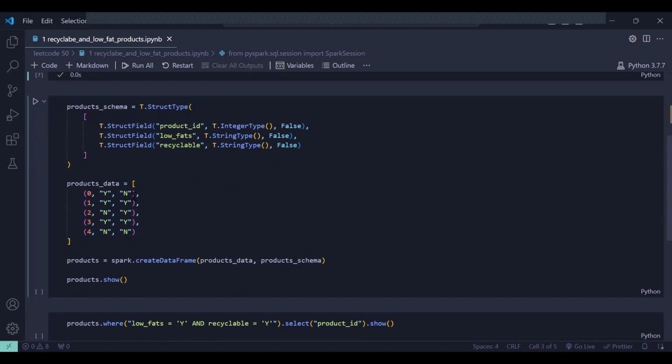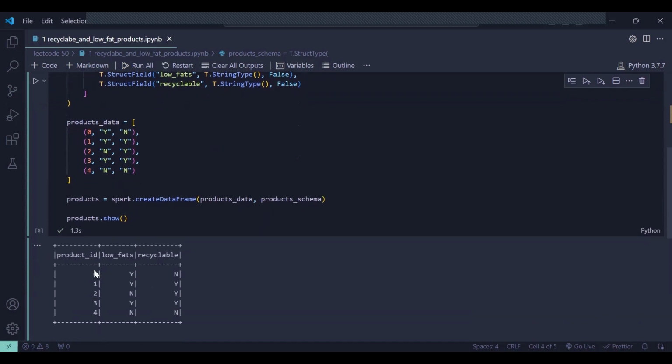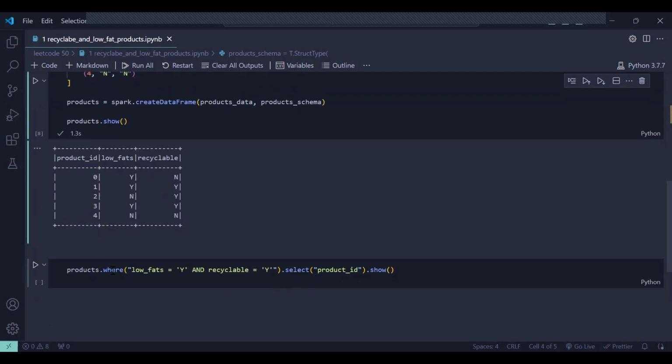I have taken the list of data from Leetcode and created the Spark data frame. You see, this is our data frame, and our output should be 1, which is low fat and recyclable, both Y and Y, and our output should be 3 as well because that is also Y and Y. This is a simple where condition where we put low fats equal to Y and recyclable equal to Y. That is what has been asked in the question: the product has to be low fat and the product has to be recyclable.